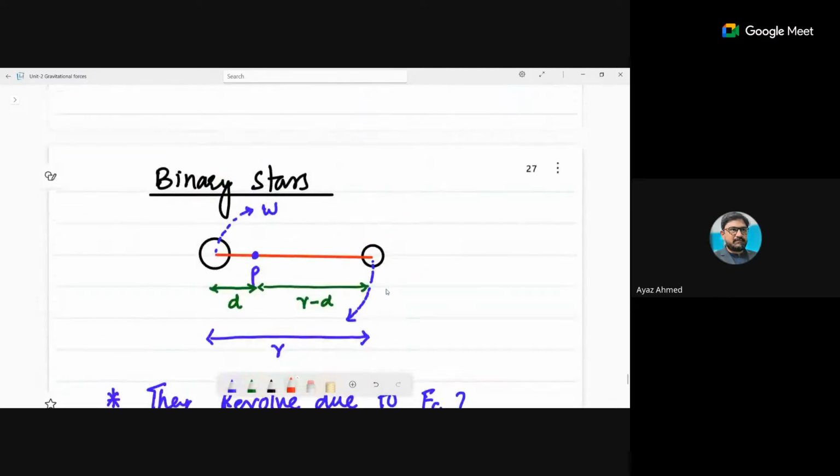When they revolve, look, they are attracting each other. For example, this is MA, and it is attracting MB like this.